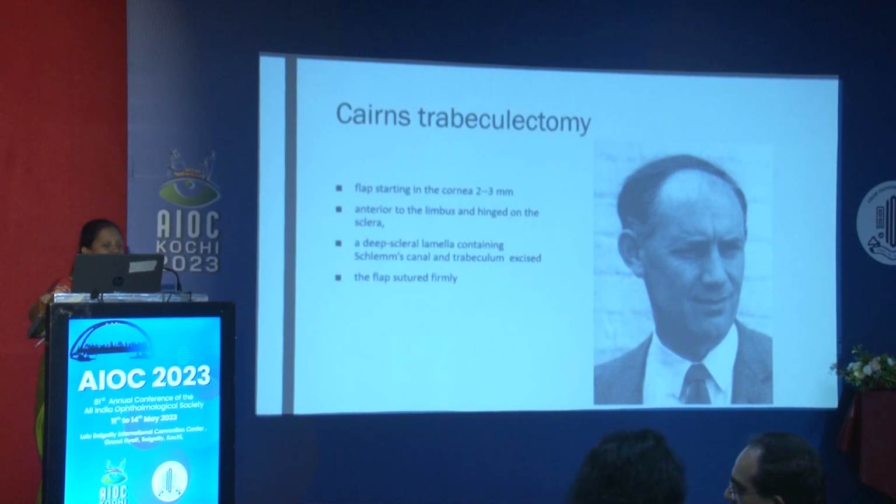In this technique, he created a flap starting in the cornea 2 to 3 millimeters anterior to the limbus, and it was hinged on the sclera, and a deep scleral lamella containing the Schlemm's canal and the trab meshwork was excised, and then the flap was sutured.